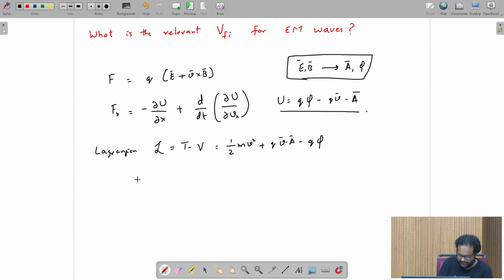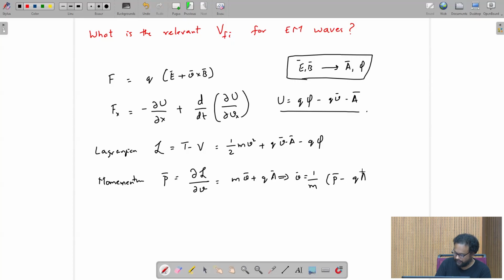And we know the momentum, p equals dL/dv, is mv plus Q A, which means v is 1 over m times p minus Q A. Why do I write the momentum? Because now we can find the classical Hamiltonian.